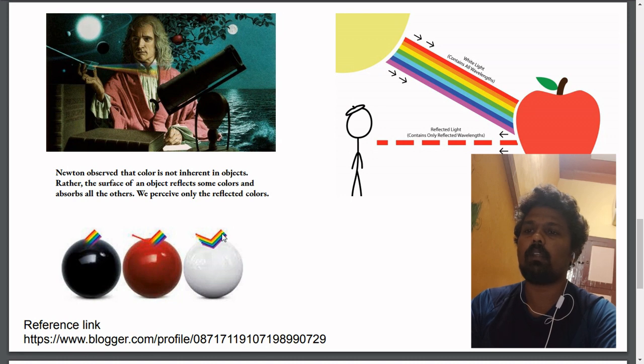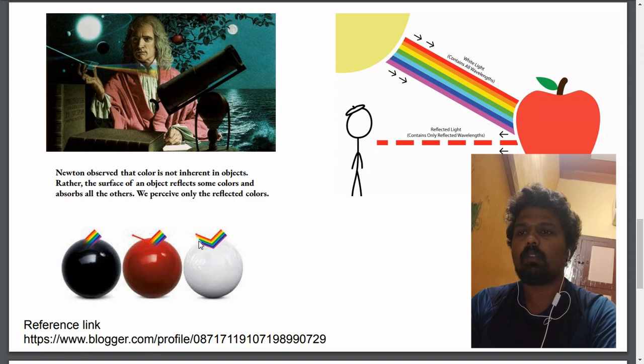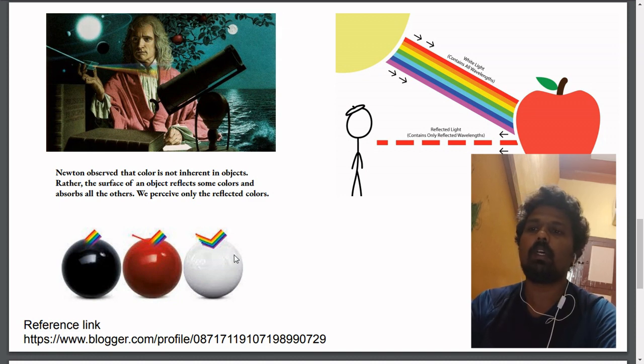In the case of white, all the 7 colors falling from the light source are reflected back. The light coming from the light source has been totally reflected back. When all the 7 colors are reflected, it again shows as white in color.